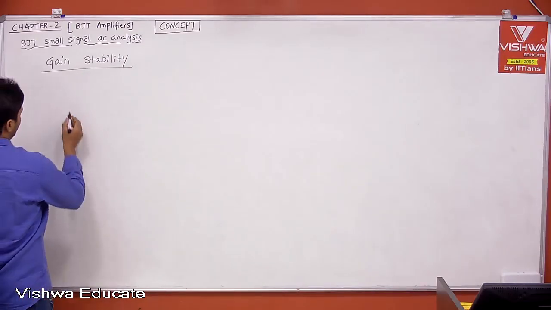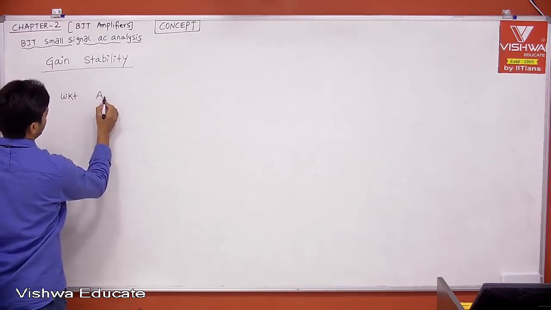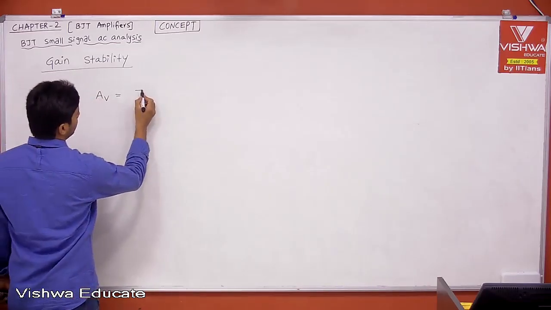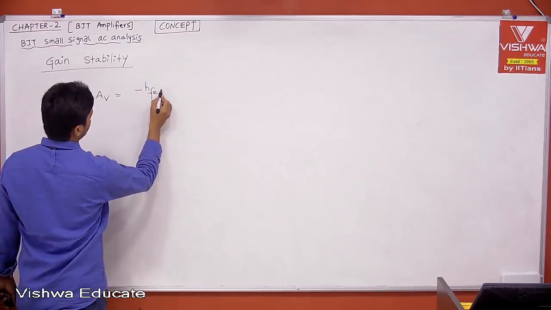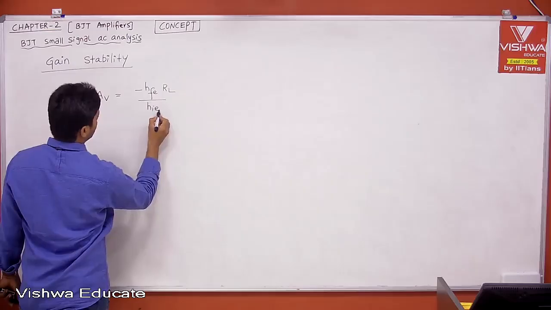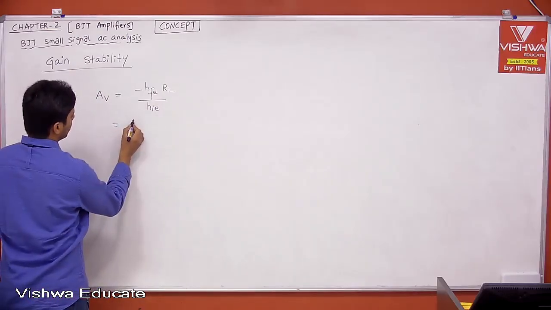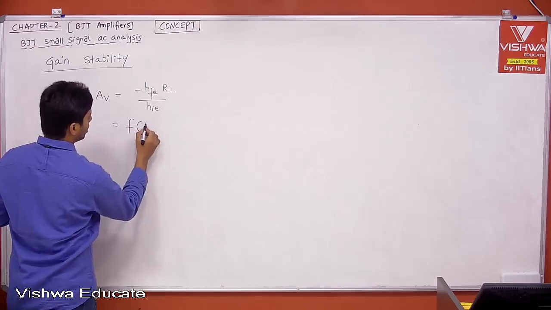Therefore we know what our voltage gain is, just now we got, right? What is that? Minus HFE into RL divided by HIE. Can I say your voltage gain is a function of H parameters?